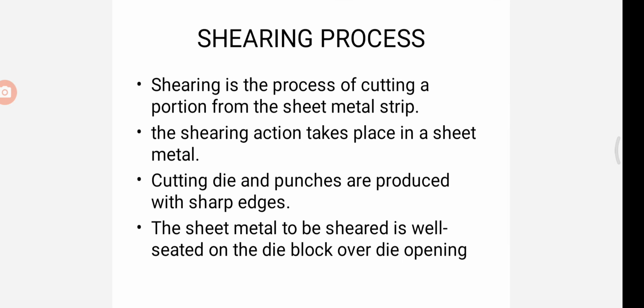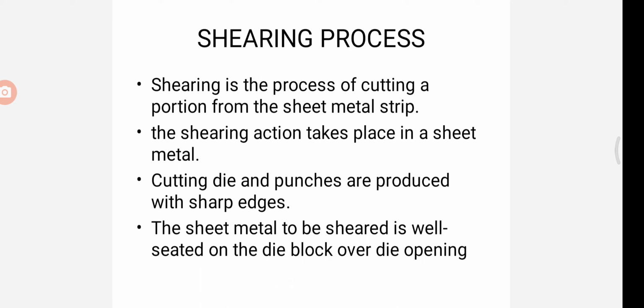Shearing is the process of cutting a portion from the sheet metal strip. Cutting dies and punches are produced with sharp edges. The sheet metal to be sheared is well seated on a die block over a die opening.